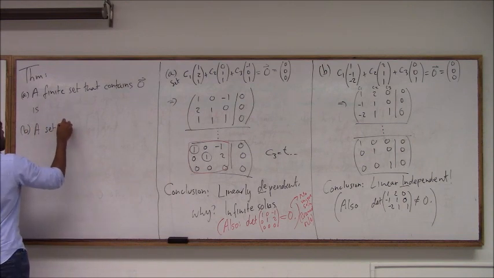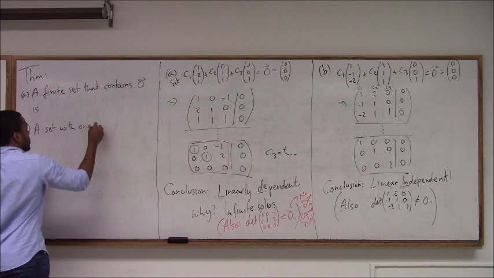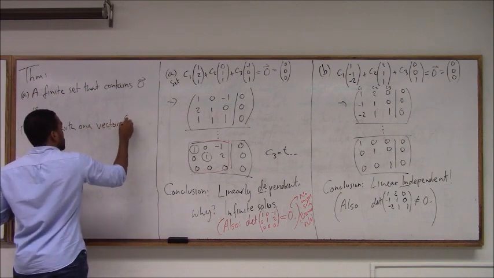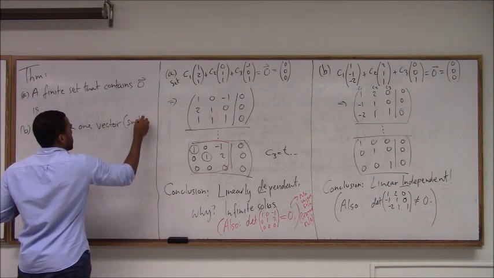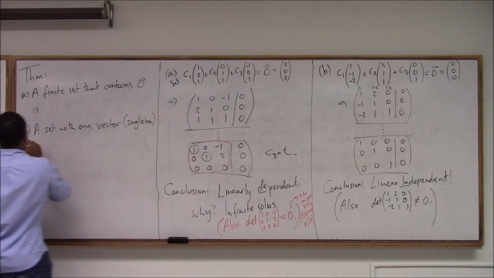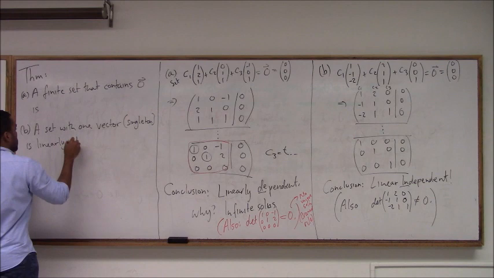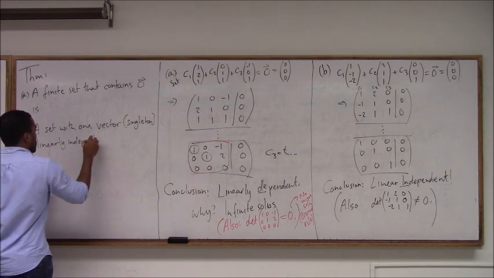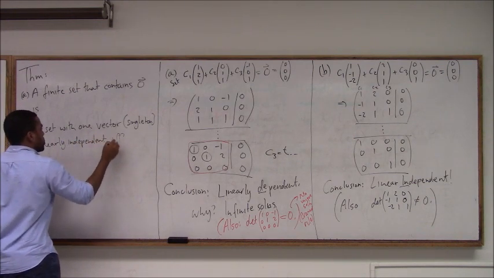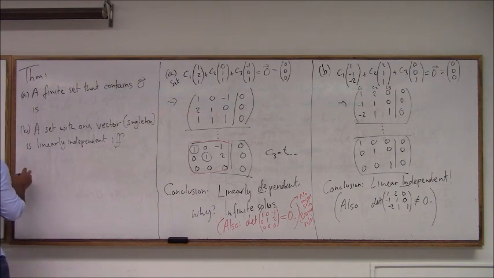A set with one vector. This is called a singleton. Is linearly independent if and only if it is not the zero vector. And S equals V1, V2.